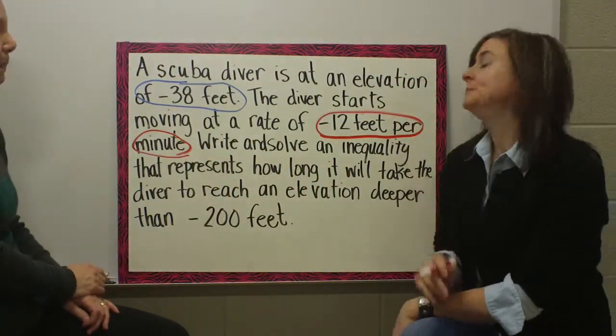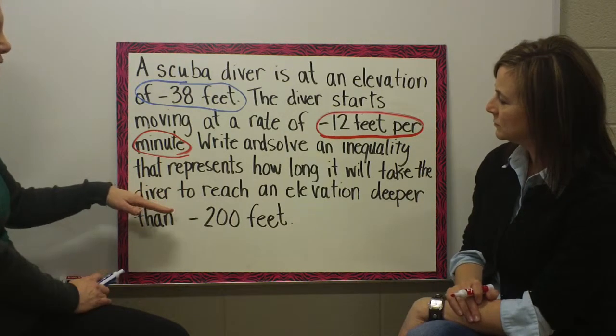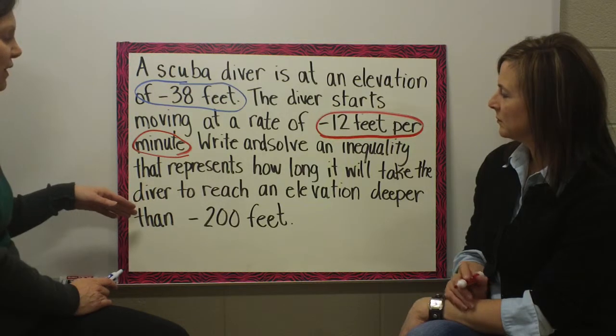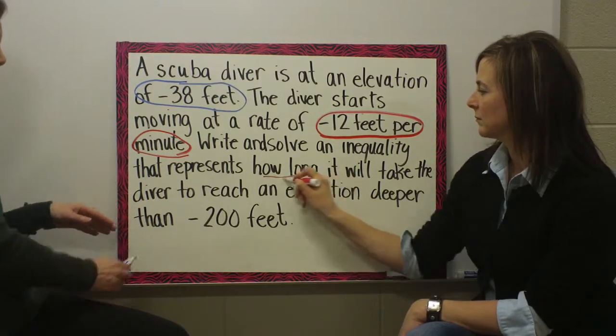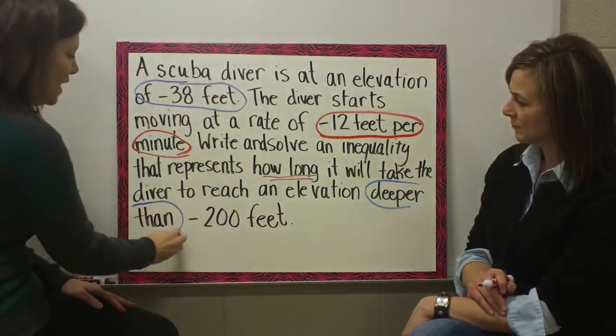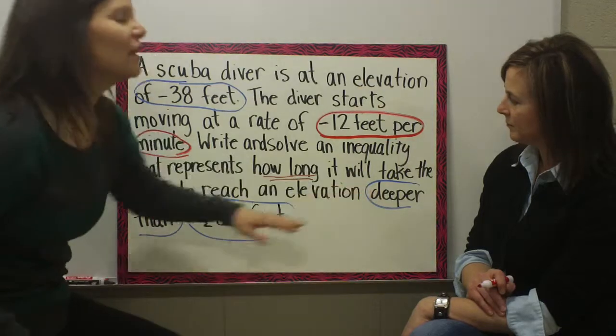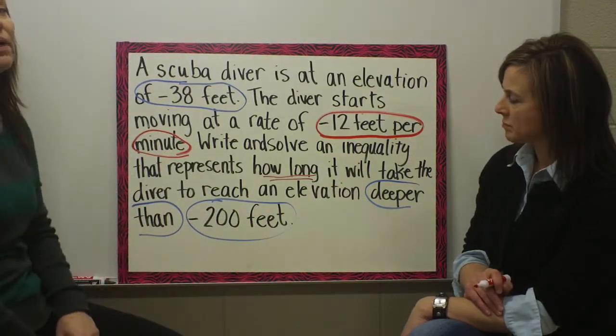There's that per again. And then we are going to be solving to find out how long it will take the diver to reach an elevation, and then it says deeper than negative 200 feet. So that's not one of our key words. We're going to have to think about what it means.